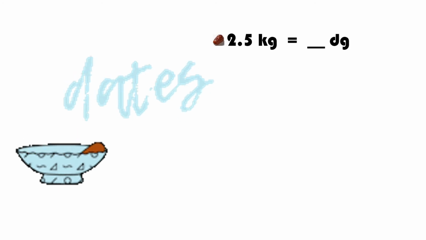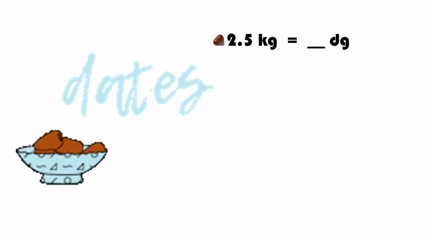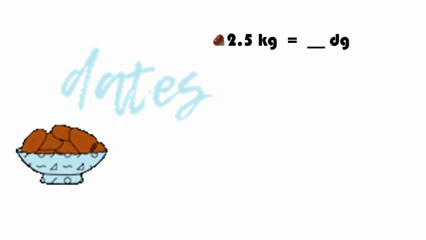One of the oldest trees on the Arabian Peninsula, date palms, are the principal fruit trees grown in Qatar. If I bought 2.5 kilograms of date fruits, how much is it in decigrams? How about in milligrams? Let us first convert 2.5 kilograms to decigrams. So we will be using our diagram.